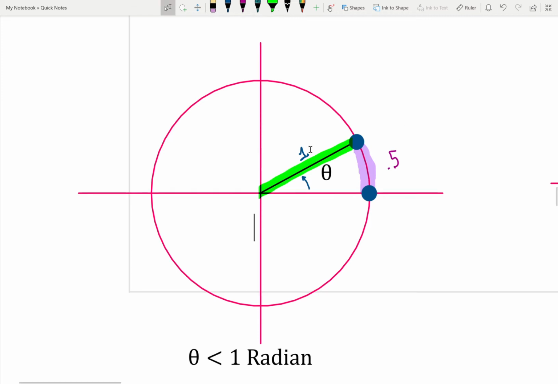His length is 1. And what's going on with this purple side? Well, this purple side is mapping the path of this circle that you've traveled. So when I've created this angle theta, I've covered this much of my circle.